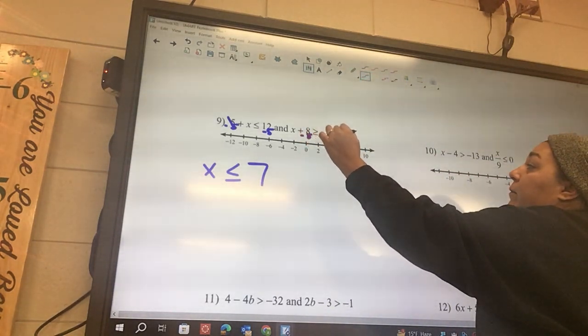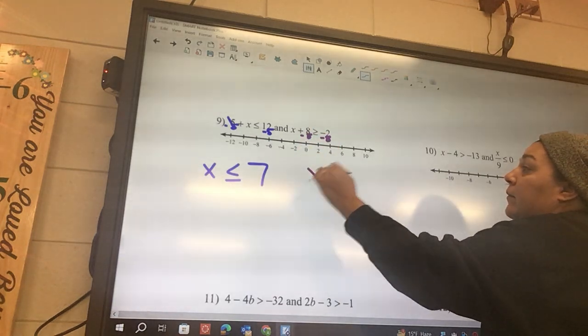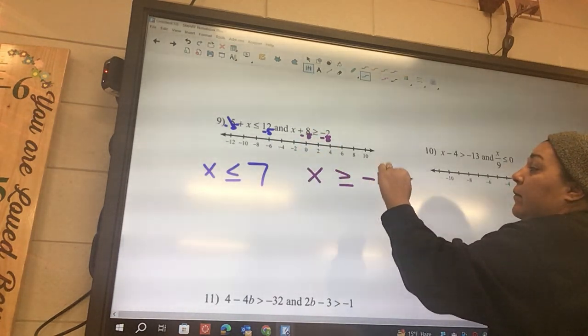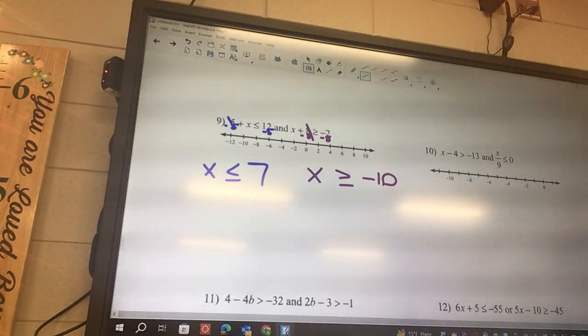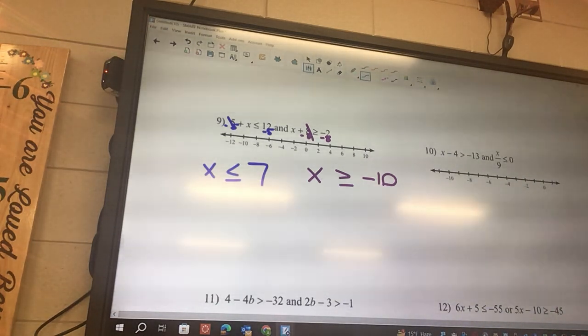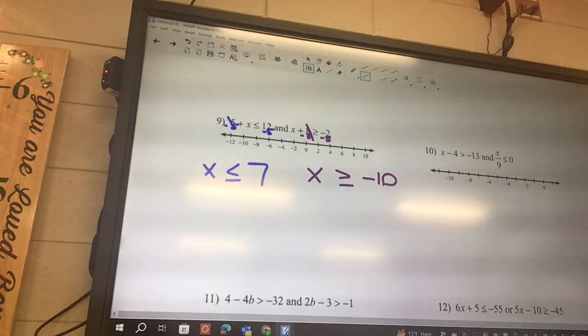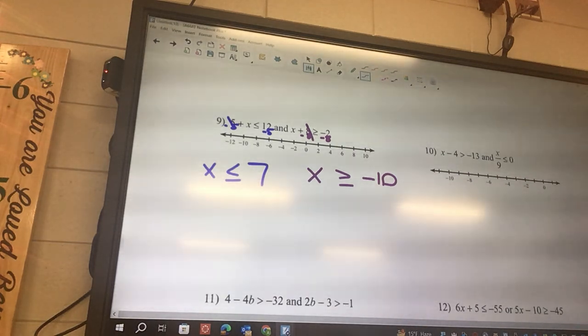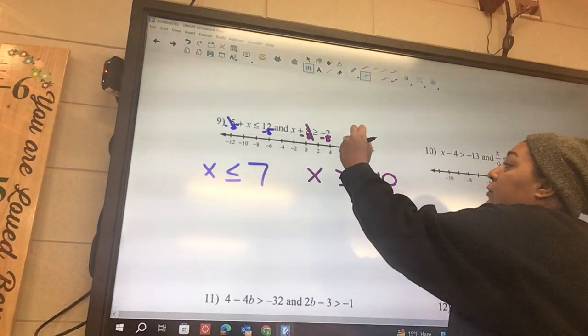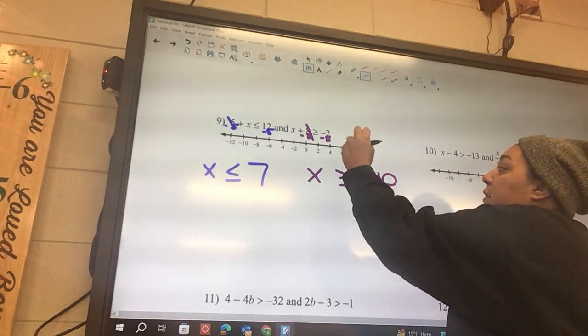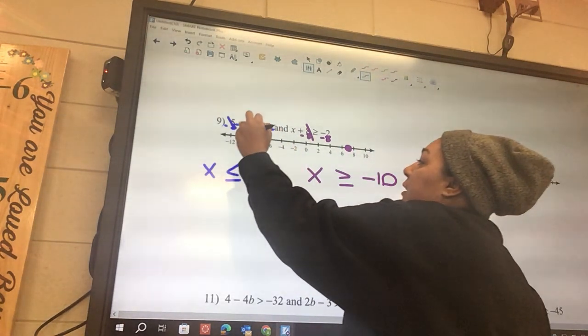Minus 8. Okay, should this be pointed in or out? In, it's an and problem. Okay, so the 7 is going to be closed, and that should be somewhere between the 6 and 8. And the negative 10 is going to be closed.